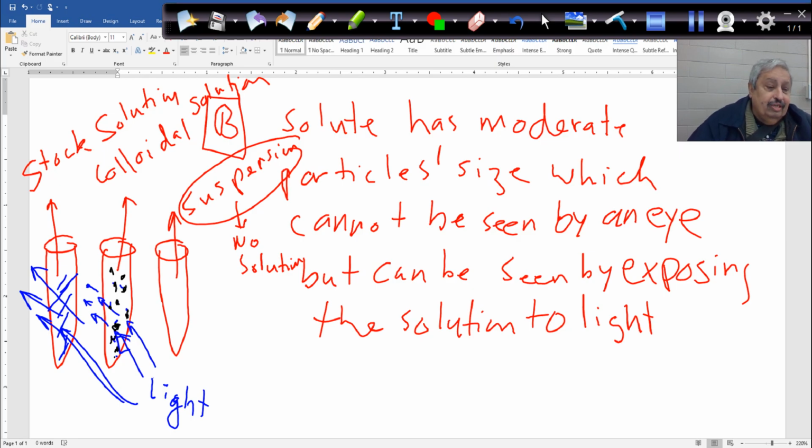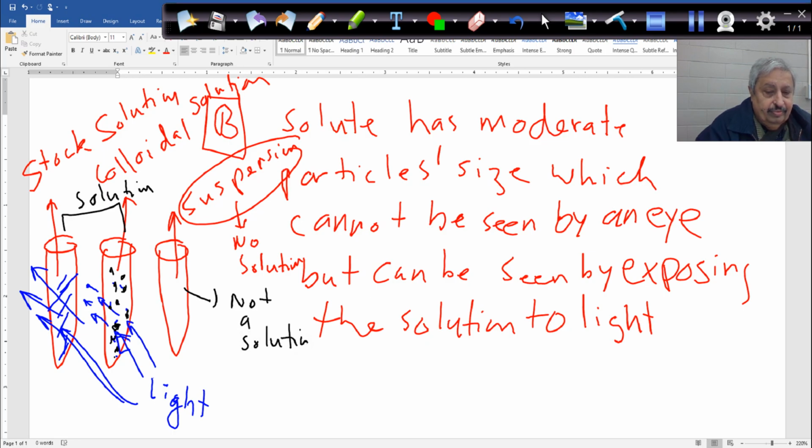Stock solution, the light will go in and out as is. Correct? Those are still called solutions, colloidal solutions, both of them solutions. This one here is not a solution. I'll tell you why.